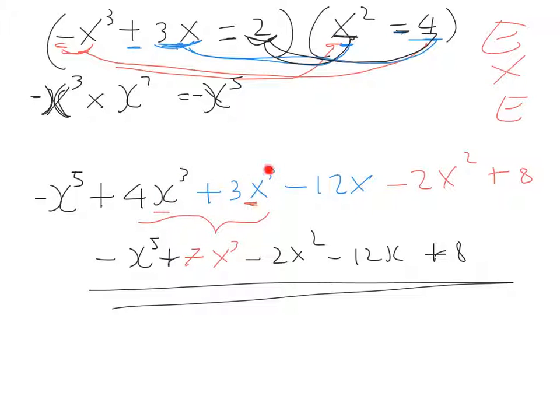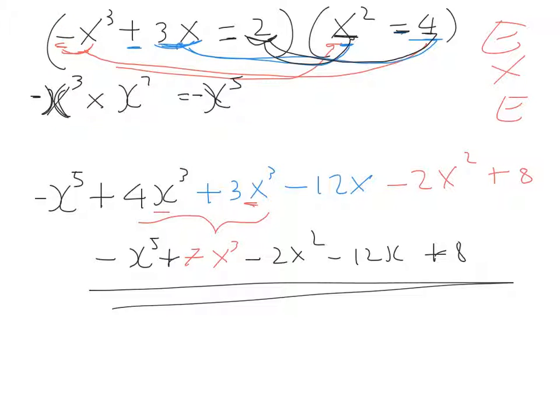If they have exactly the same variable, same variable and same exponent, then we can sum them together. But we cannot sum together if they have different variables. 3x cannot be summed with minus x cubed, so we must be careful with this bit. Then multiply everything times everything, draw the lines to help you, and remember to check the signs.